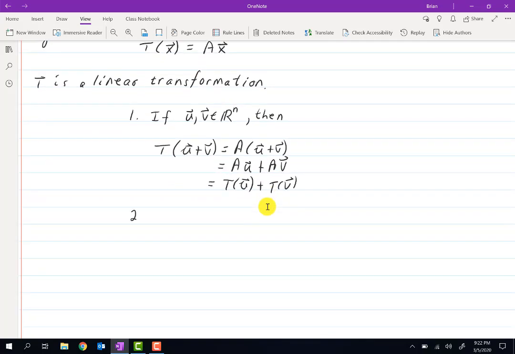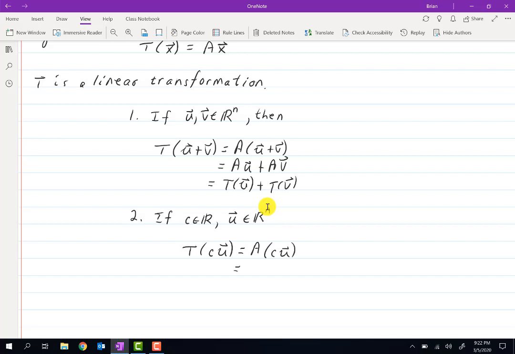The second one is scalar multiplication. So this time, if C is a real number and U is in R to the N, T of CU is equal to A times CU.